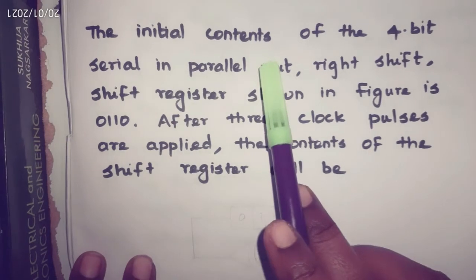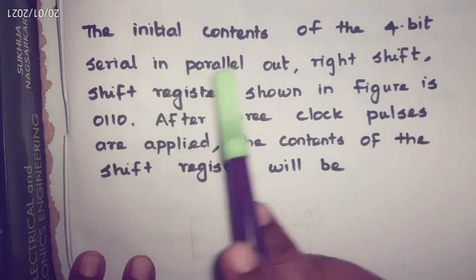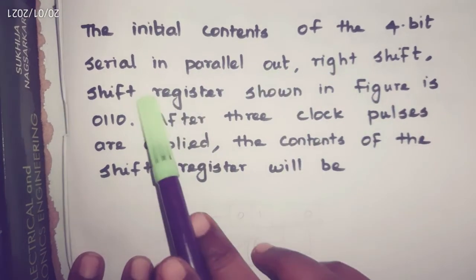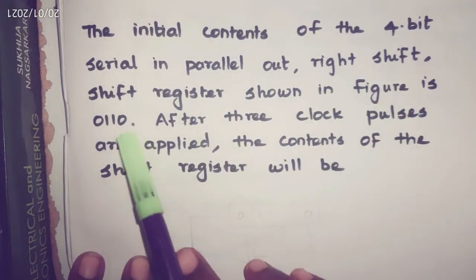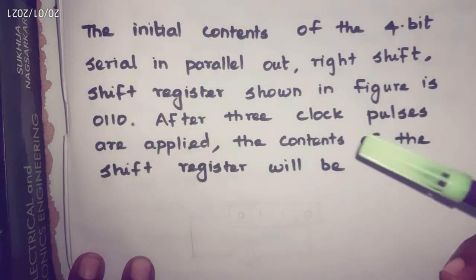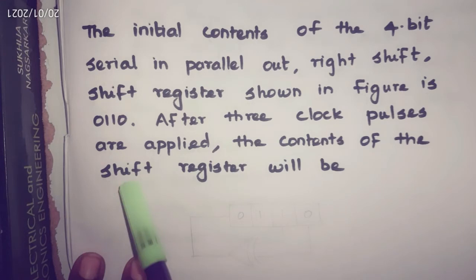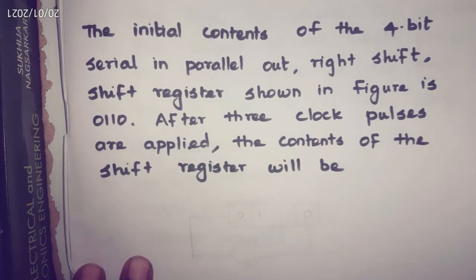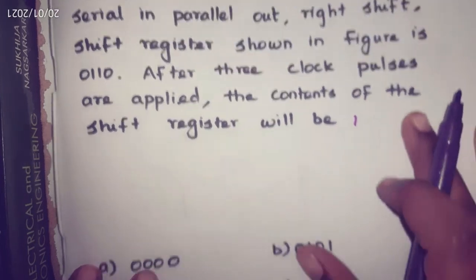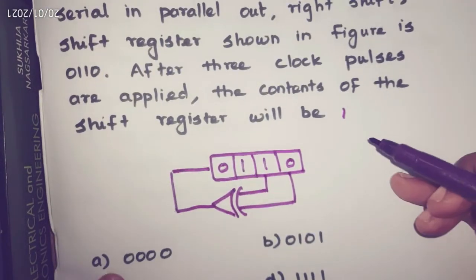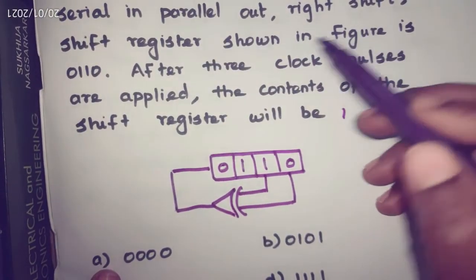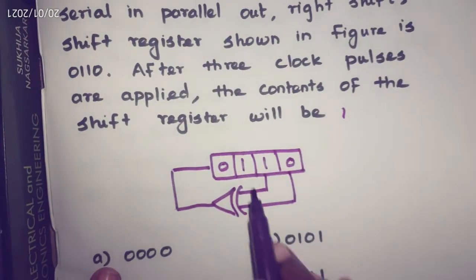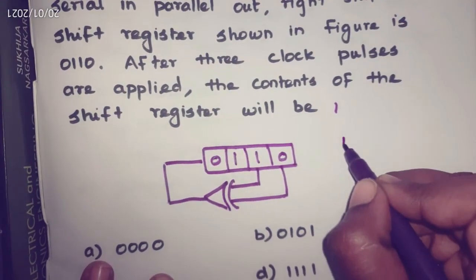The initial contents of the 4-bit serial in parallel out right shift register shown in the figure is 0, 1, 1, 0. After 3 clock pulses are applied, what will the content of the shift register be? Okay. So this is a 4-bit serial in parallel out right shift register. 4-bit, so we need 4 flip-flops.